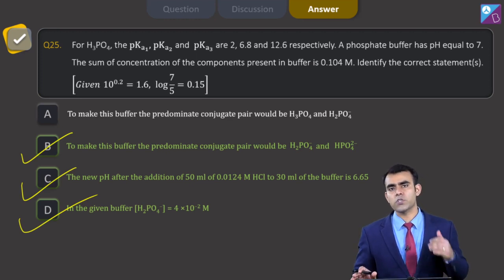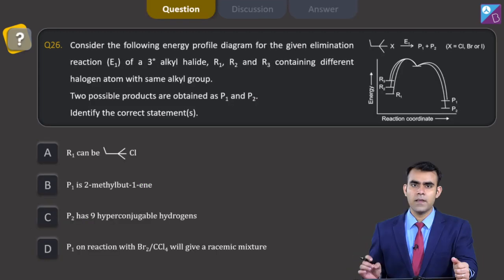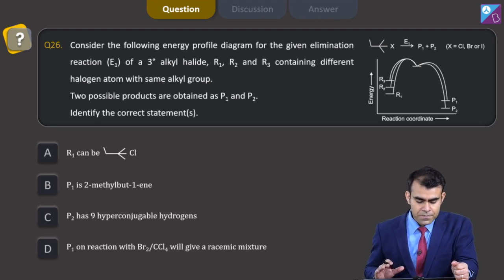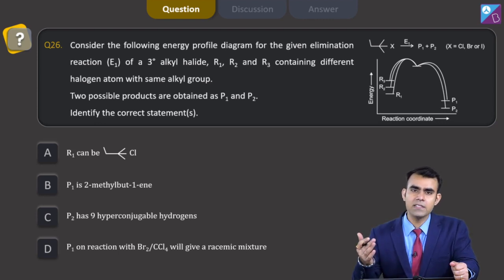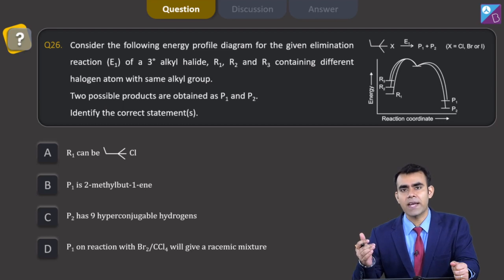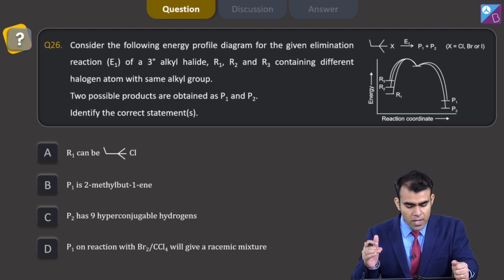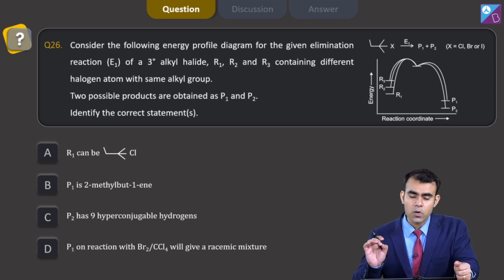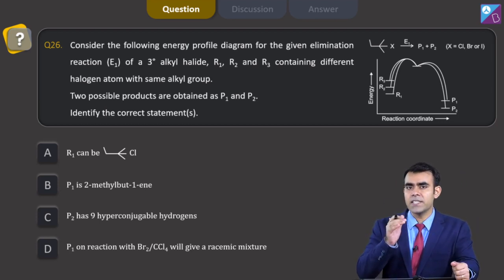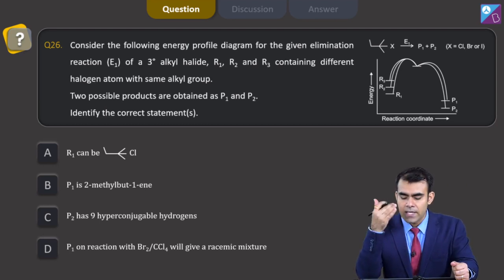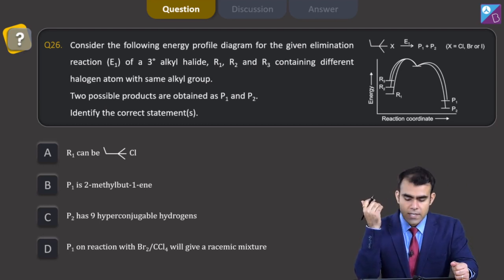Next we are moving on to question number 26. In question number 26, it says consider the following energy profile diagram for the given elimination reaction, and here we have been given the mechanism also, that it goes via an E1 mechanism, that is unimolecular elimination of a tertiary halide R1, R2, R3 containing different halogen atoms with the same alkyl group. It means my R part is the same here, only my X part is changing; we have three options here, either it can be chlorine, bromine or iodine.